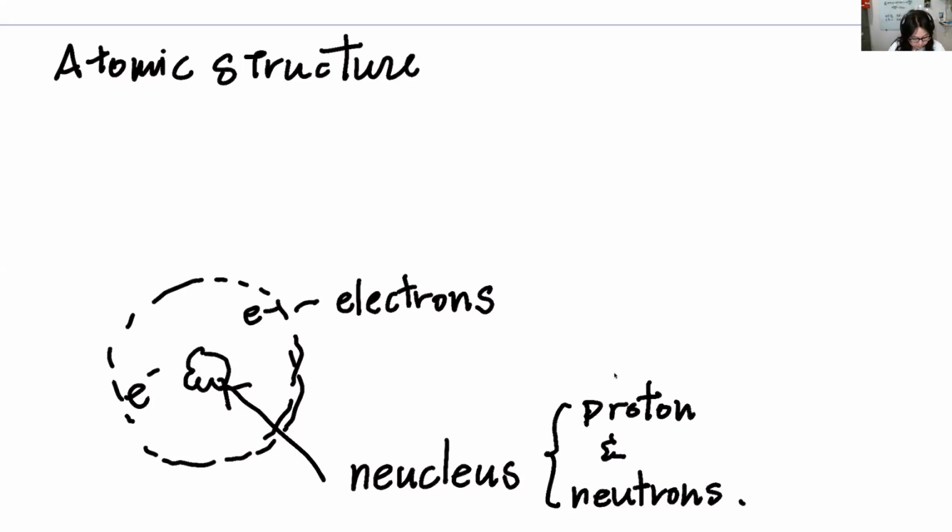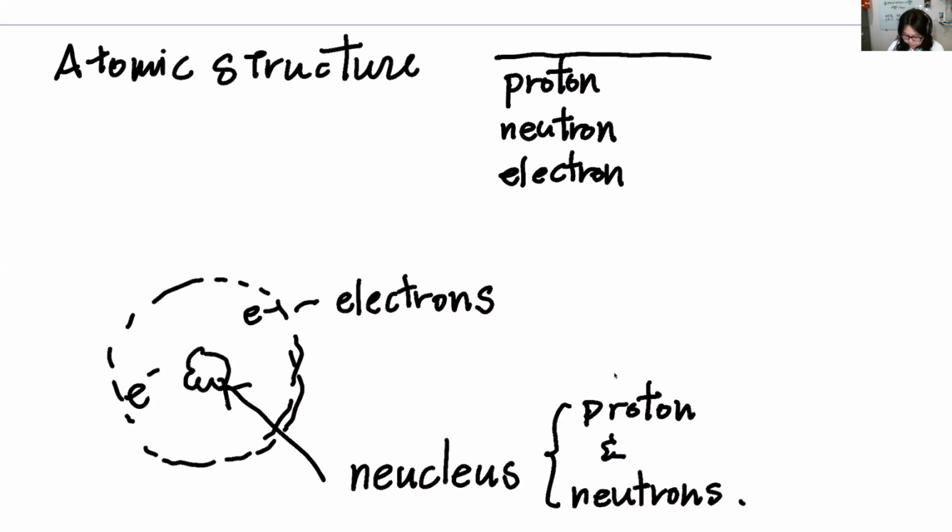For example, this proton and a neutron, electron, that's making up an atom. Let's compare the size by mass.